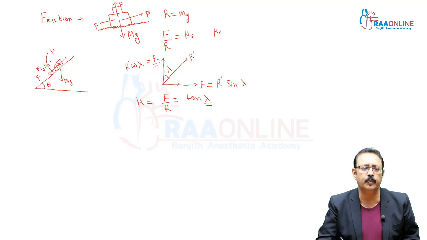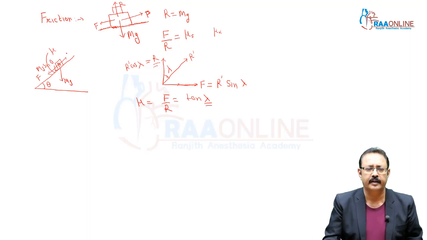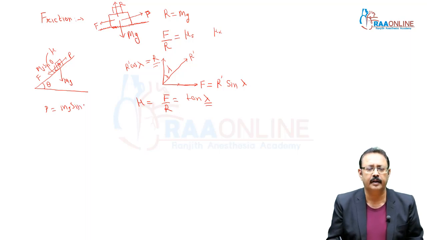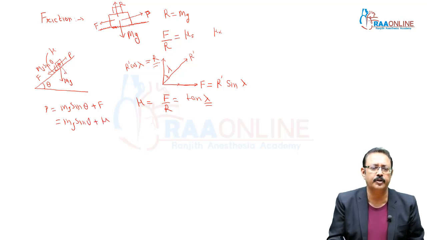So if you want to pull this in the upward direction, your effort should be minimum mg sin theta plus F. What is F? F is mu into R. What is R? This component should be mg cos theta, because this angle is theta. So normal reaction should be equal to this.